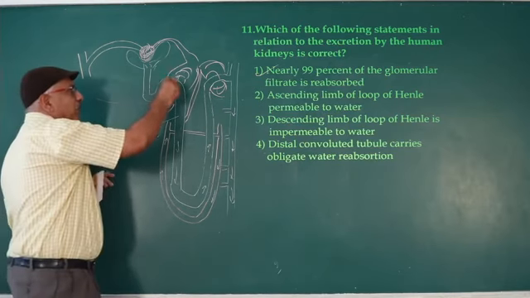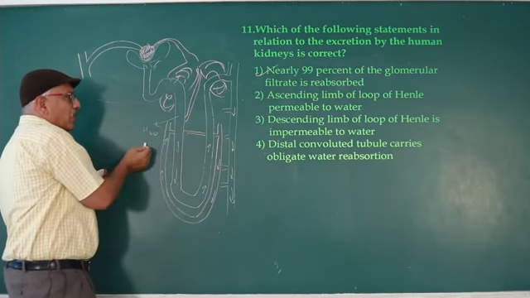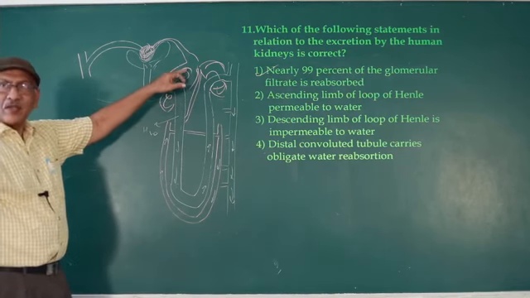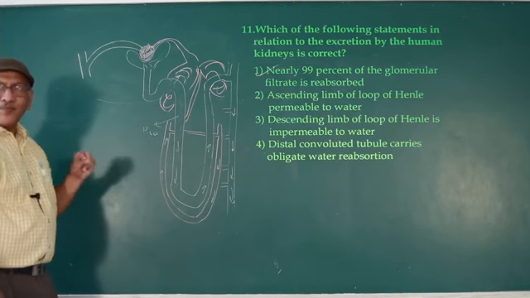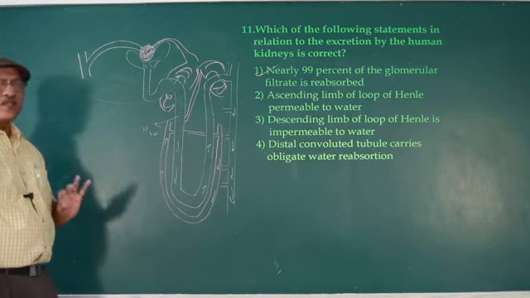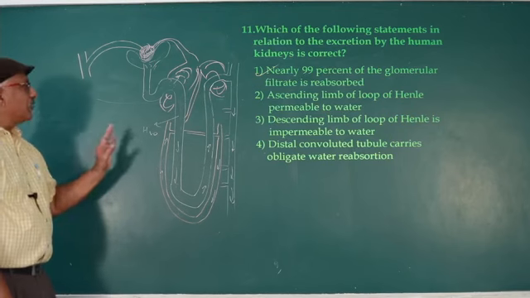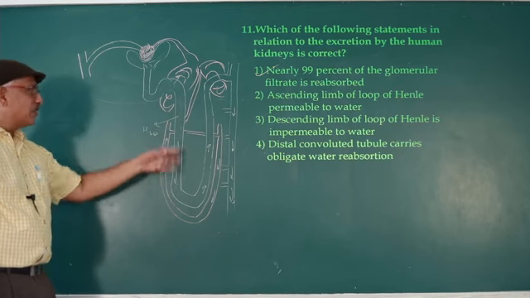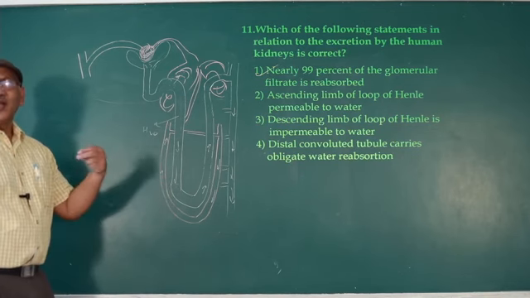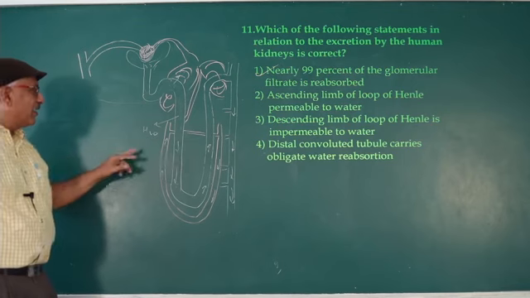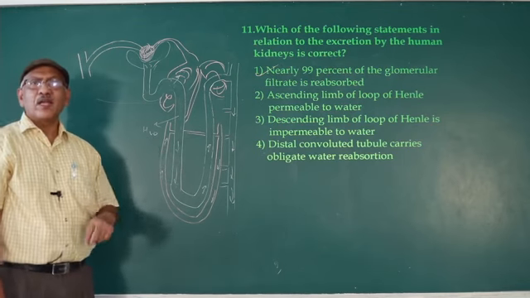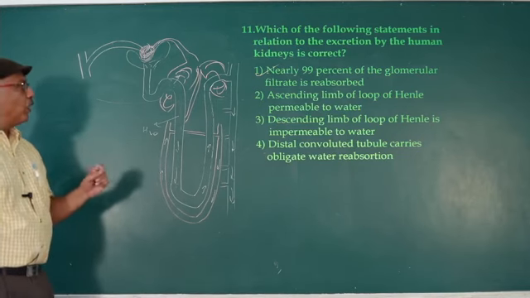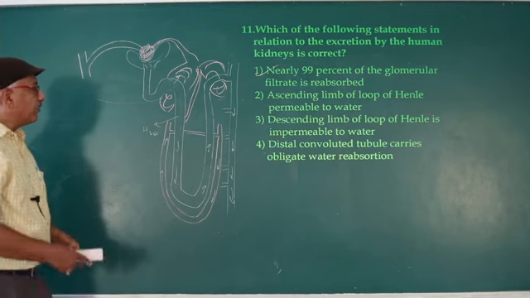For example, in the PCT 80% water is reabsorbed, in the descending limb 5% water is reabsorbed. So in this manner water is reabsorbed. Due to loss of water, concentration increases, and hypertonic urine is formed. The reabsorption in the PCT and descending limb of loop of Henle is known as obligatory or mandatory reabsorption, meaning compulsory, with no need of hormone or enzyme.